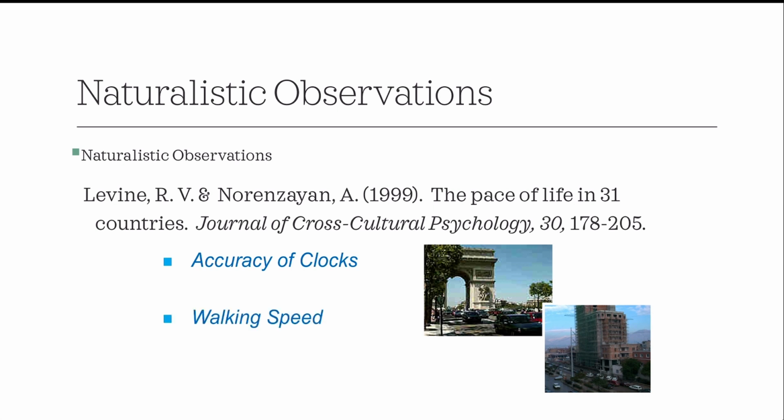Okay, the second one we did was walking speed. And remember that the goal of naturalistic observations is to remain unobtrusive. So what we did for this is in our backpacks, we carried a piece of string that was exactly 100 yards long.